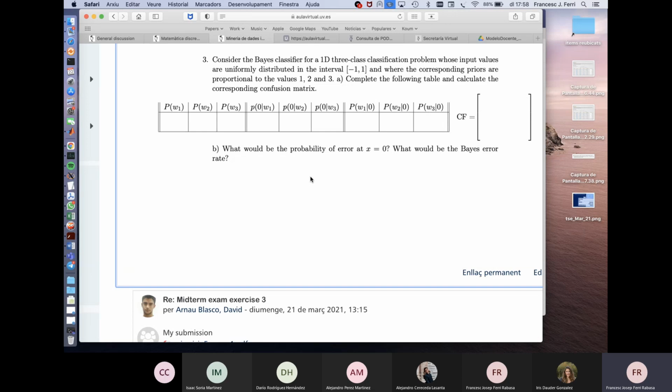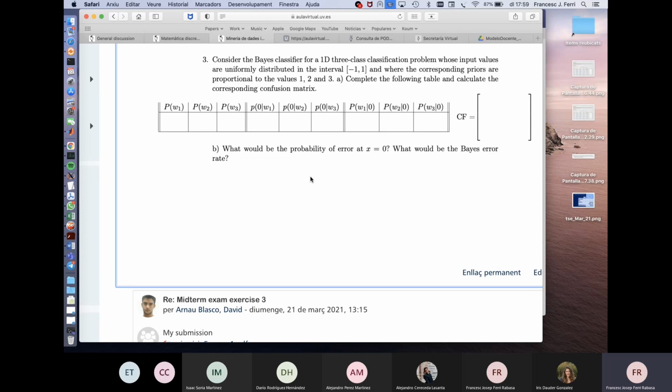What would be the probability of error at x equal to 0, and what would be the Bayes error rate? You have answered correctly to that.